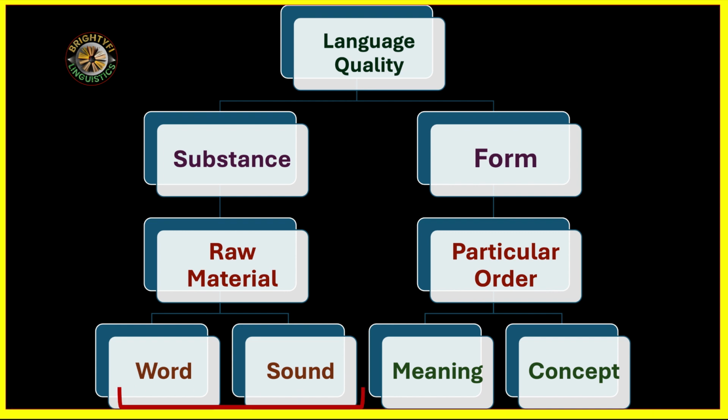And according to Ferdinand de Saussure, this substance, what we call raw material, which includes word and sound, is referred to as the signifier. And the form, which we put into order, which gives you meaning and concept, is referred to as the signified. This is basically the idea between substance and form in linguistics.